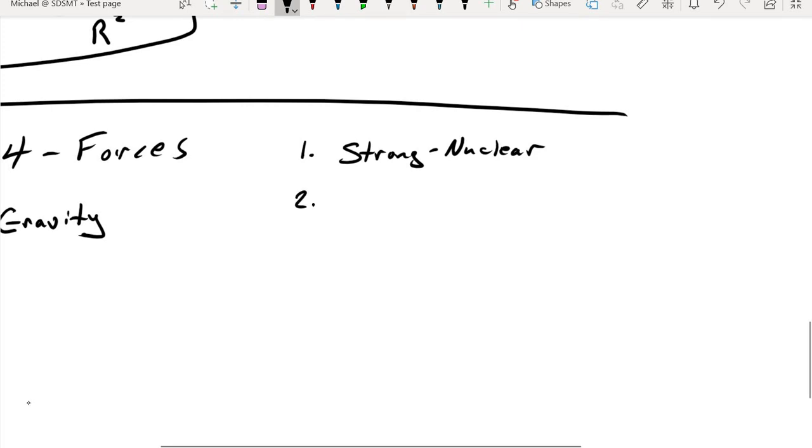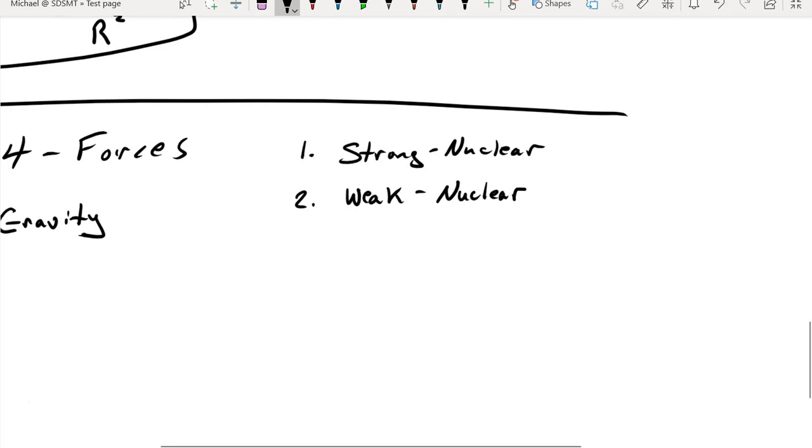The second force is what we're going to call the weak nuclear force. Now, the name itself, weak, does not imply a strength relationship here. It's still a force that operates within the nucleus, but we've just named it weak because that correlates to strong.